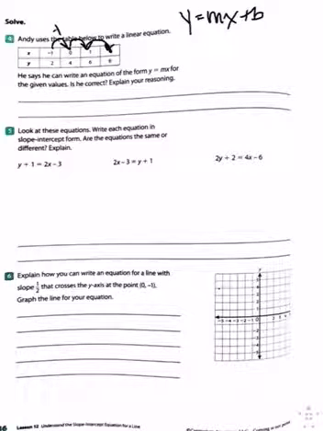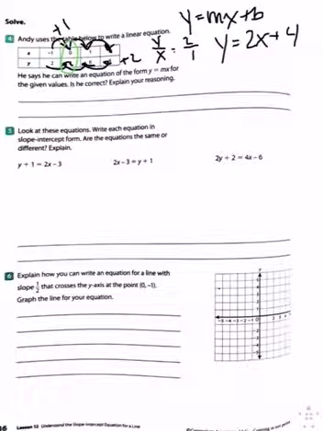Our x values are changing by 1, and our y values are changing by 2. So our slope is y over x, which is 2 over 1. Our y-intercept is what we are when we start at 0. So when we start at 0, we're at 4. So our equation is y equals 2x plus 4.